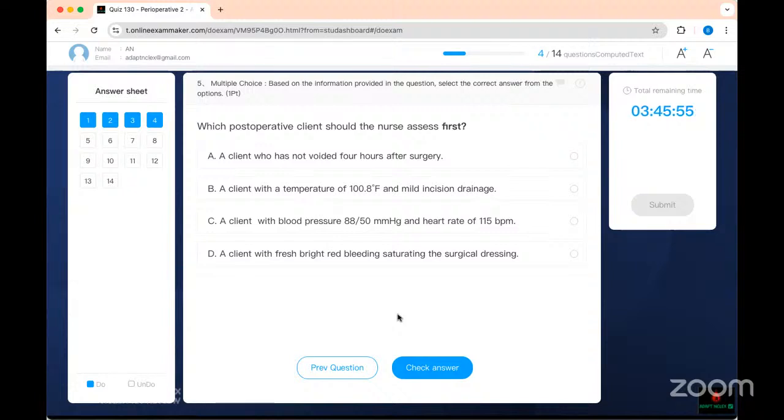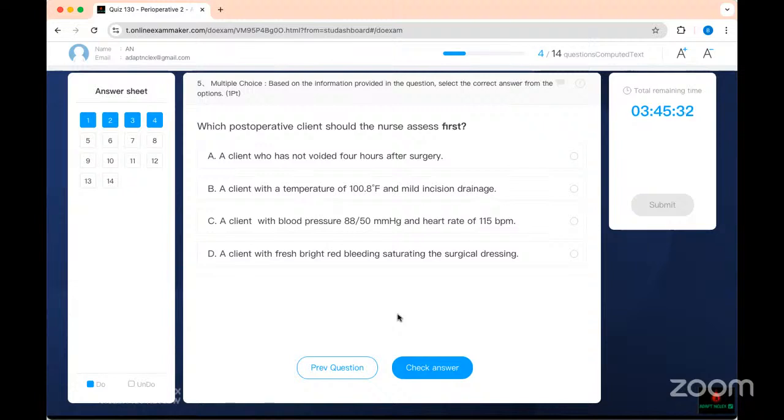Think about it. And then a client with fresh, bright red blood saturating the surgical dressing. Think about it. This is not designed to trap you, but I want you to get yourself comfortable, right? These are a little straightforward, but you think about it, they can trap you, right?